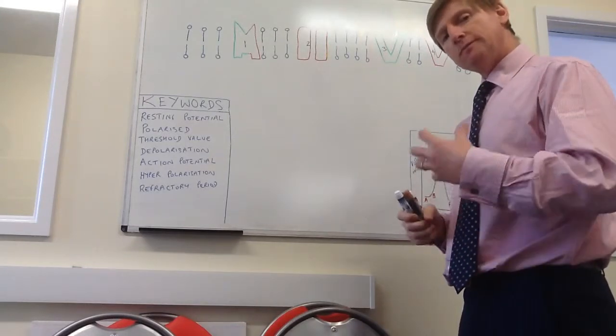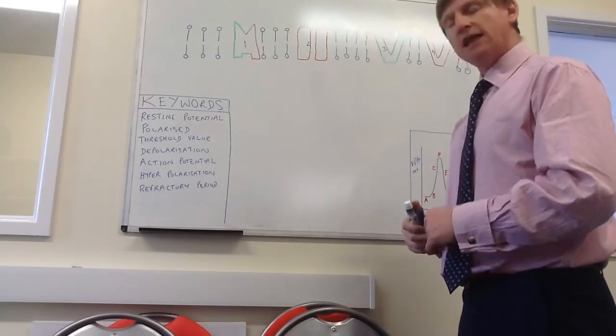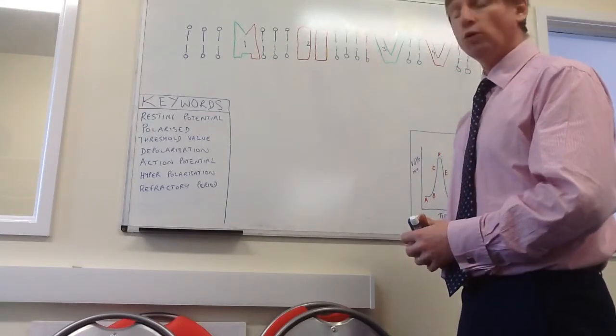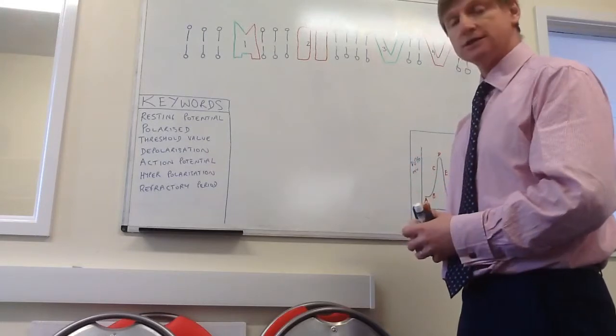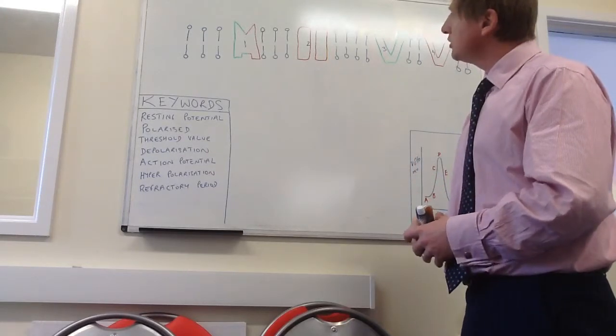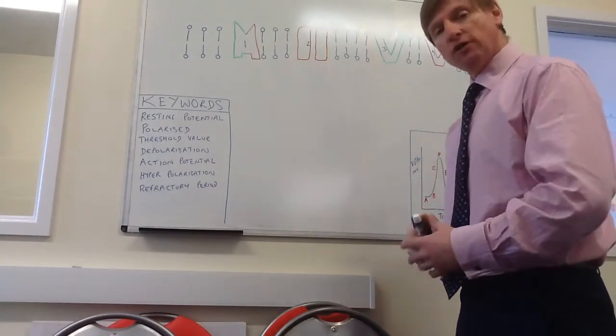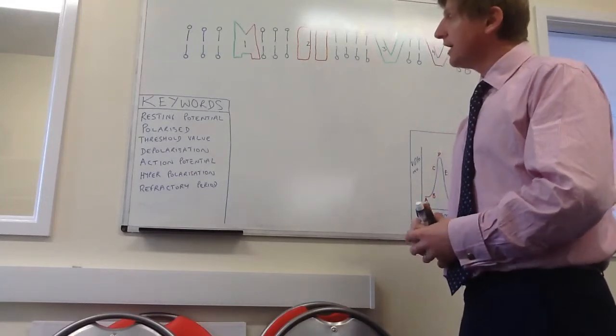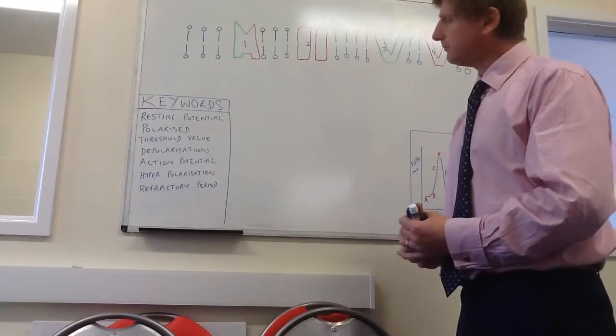Because if we're able to manipulate those, then if we allow them to fall down their concentration gradients, or keyword electrochemical gradients, then we are going to allow a movement of ions which can be used as a signal. And neurons carry electrical signals.